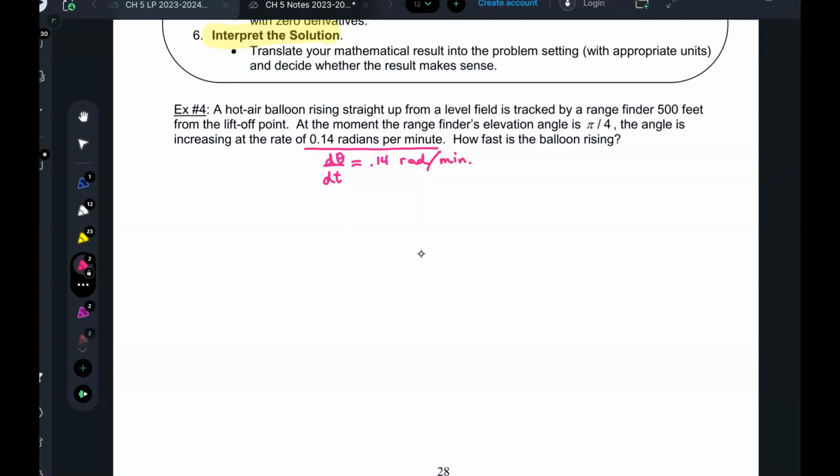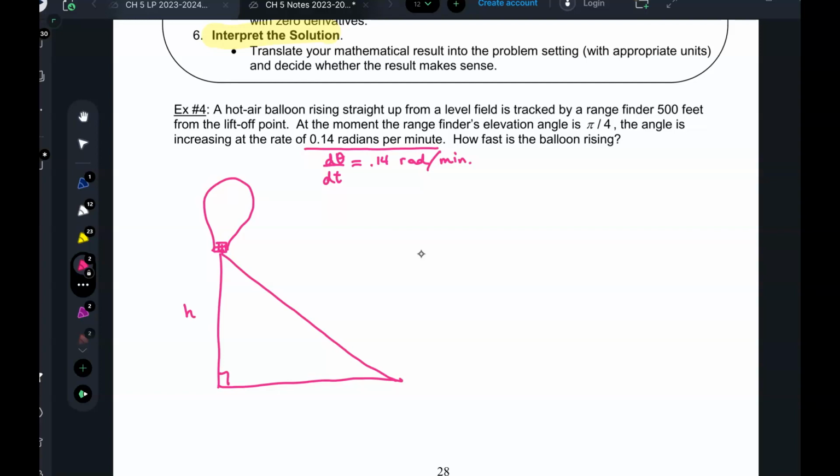Okay, so let's picture this. I'm not an artist, but here's our hot air balloon with our basket. It said straight up, so here's the height of the balloon.